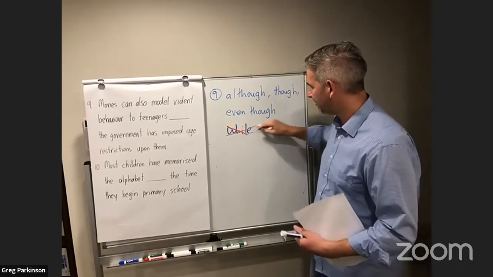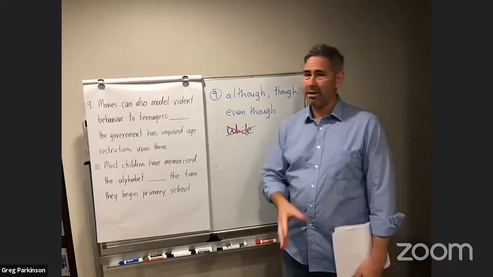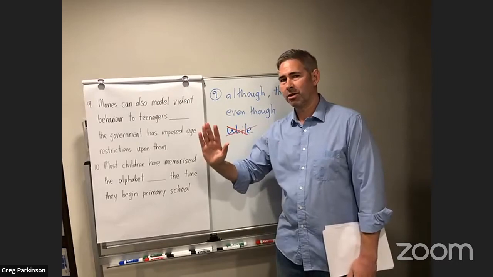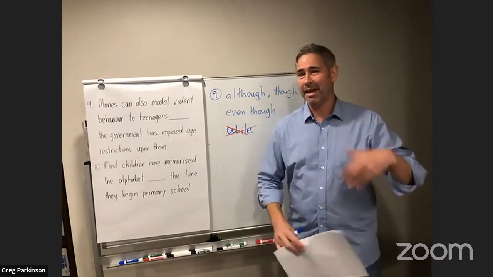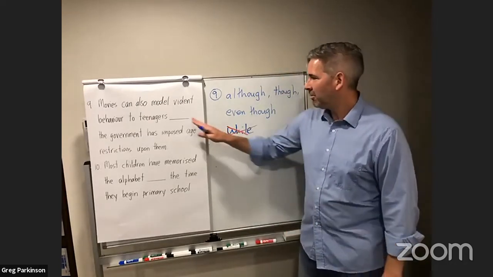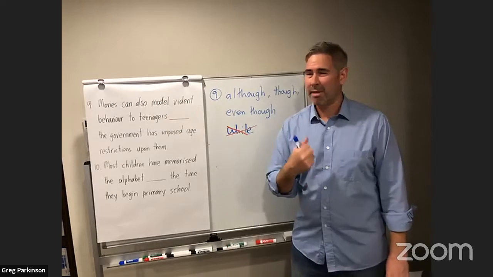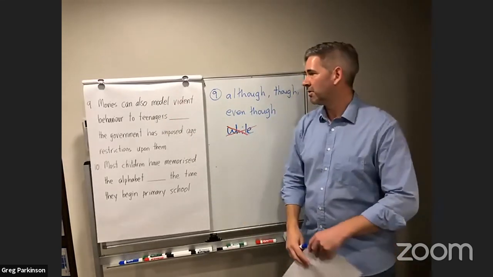Let me explain. Again, although, though, and even though are used to show a strong contrast. Think about while: it has the same meaning as on one hand, on the other hand, right? So while here doesn't really make sense because we want to show a strong contrast.